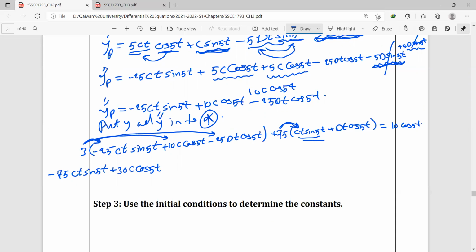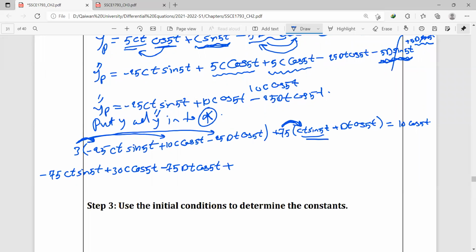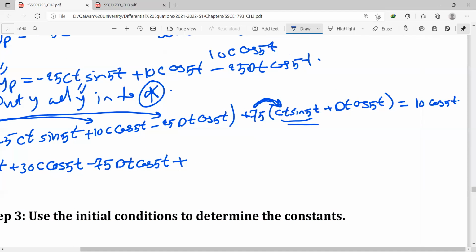Then multiplying it by this one, we get minus 75 dt cosine 5t, because 3 times minus 25 is minus 75. Now we multiply 75 into the bracket. We get 75 ct sine 5t plus 75 dt cosine 5t equals 10 cosine 5t.